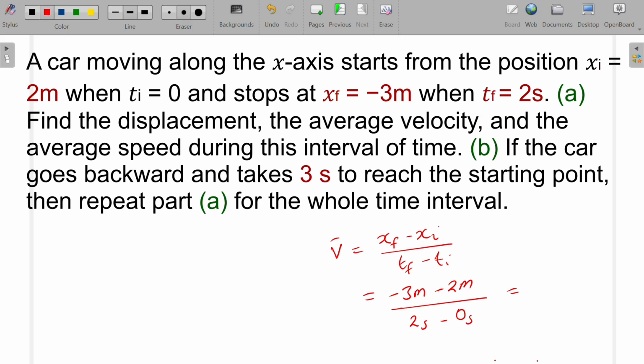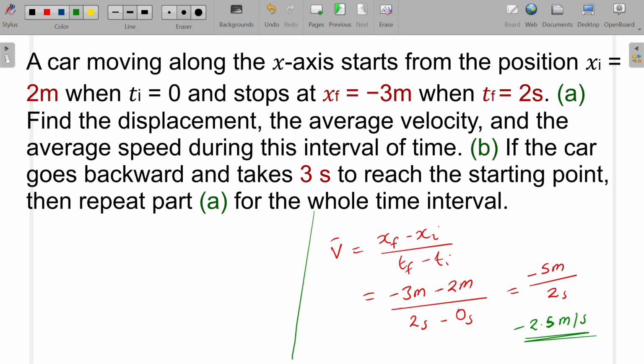So we'll have minus 5 meters divided by 2 seconds, which gives minus 2.5, with units of meters per second, since we are talking about velocity. So our average velocity is minus 2.5 meters per second.